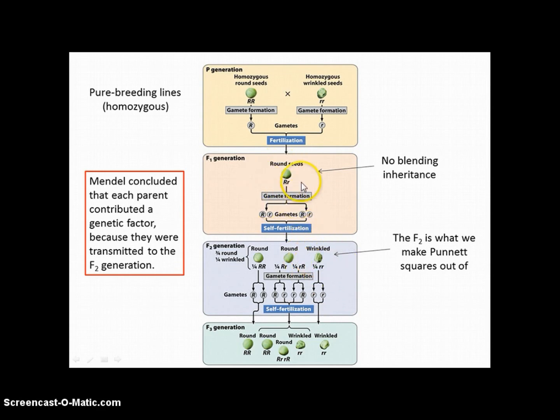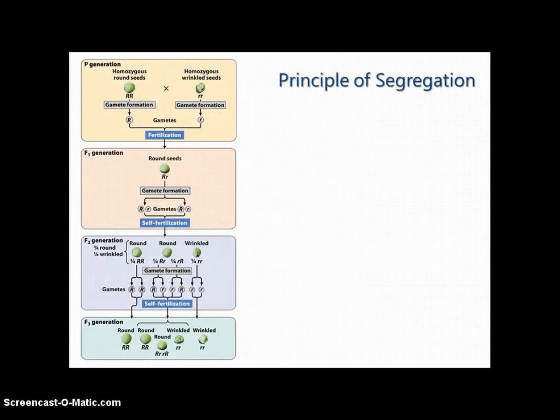It was hidden in this generation, originated in this generation, and then showed up again in this generation. And so he concluded that there's some genetic factor, which we now know to be alleles, that are transmitted through multiple generations. Based on these experiments, Mendel came up with his principle of segregation.